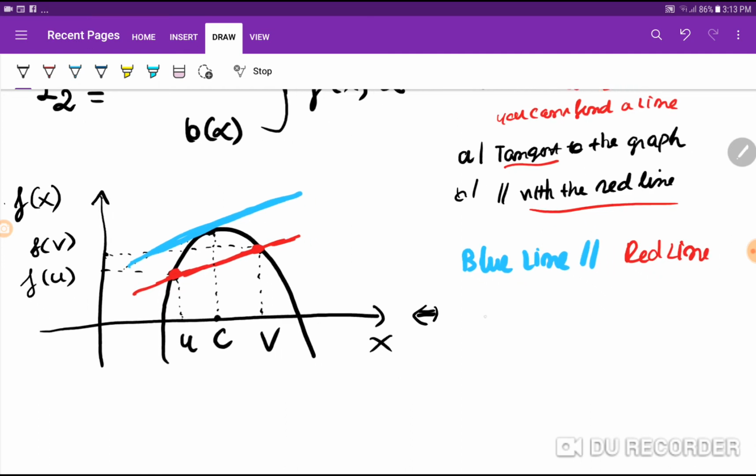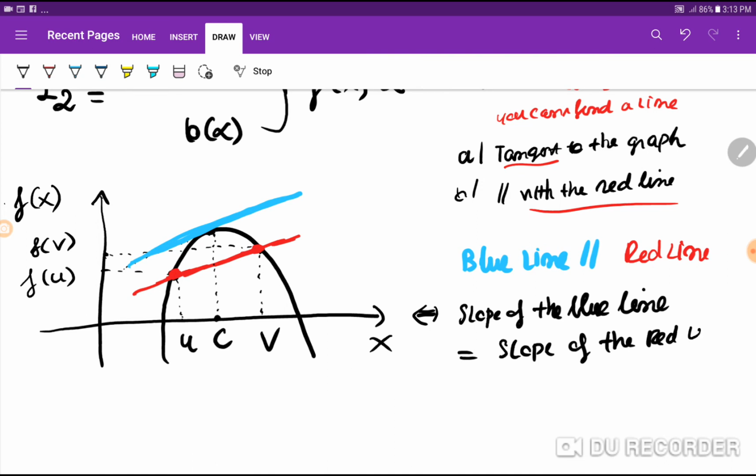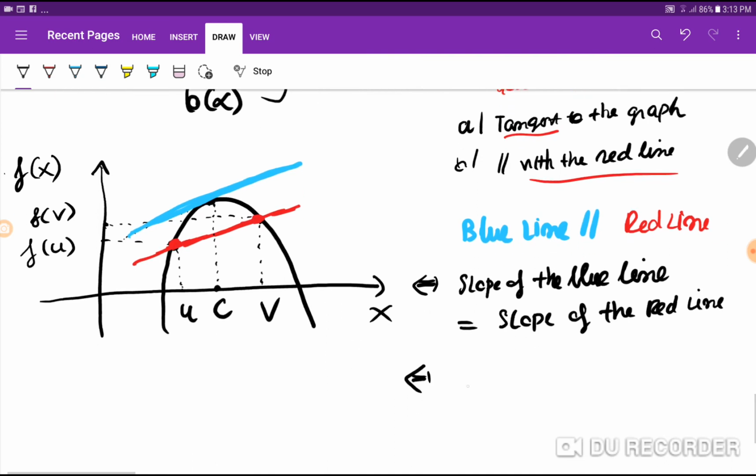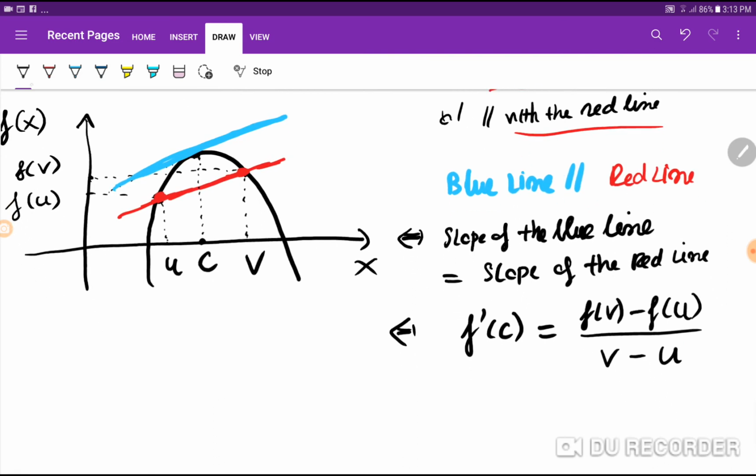So the slope of the blue line equals the slope of the red line. The slope of the blue line is f prime of c. The slope of the red line is (f(v) minus f(u)) over (v minus u). This is the fundamental theorem of calculus.